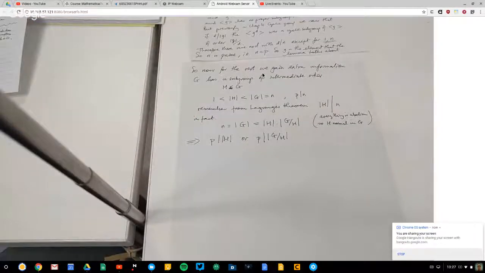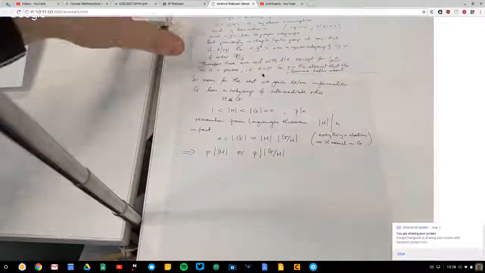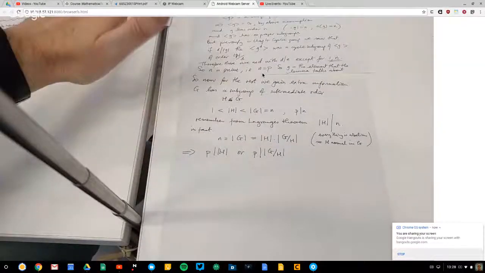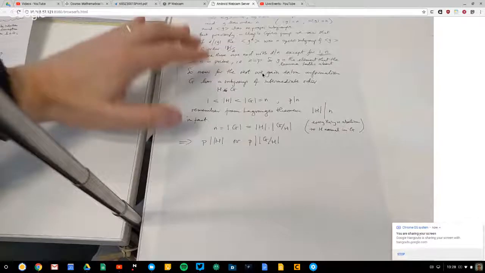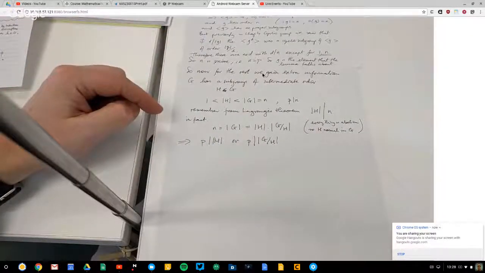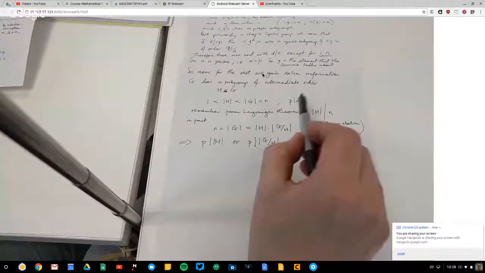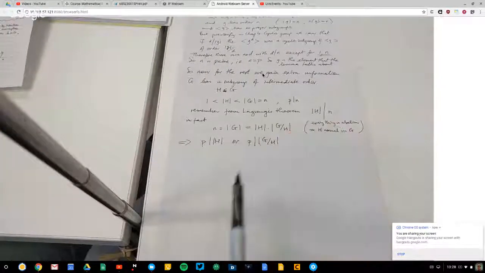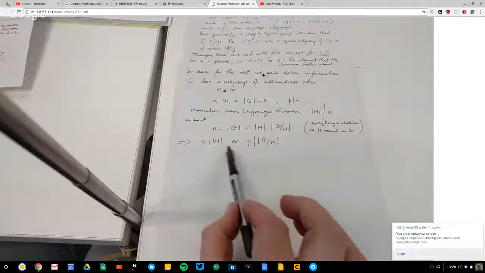And that immediately gives us a structure for how to proceed. Remember, we've dealt with all the boring groups that don't have genuine subgroups. So now we're assuming the group has at least one genuine subgroup. But with just a little application of this basic fact about prime numbers, we've got two cases.